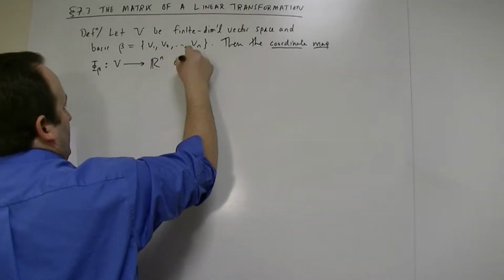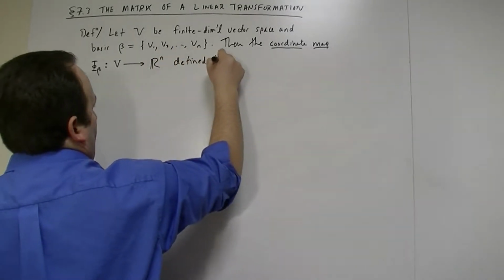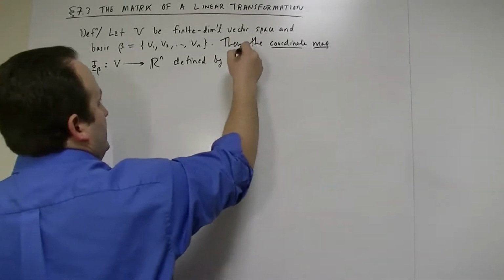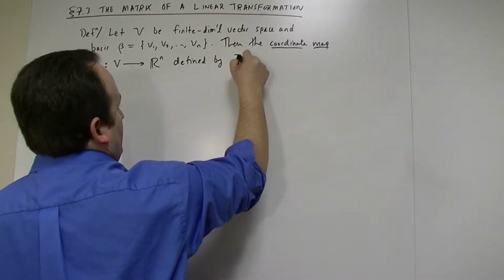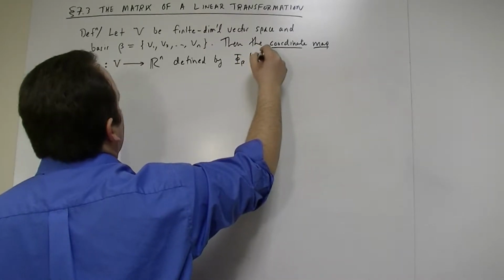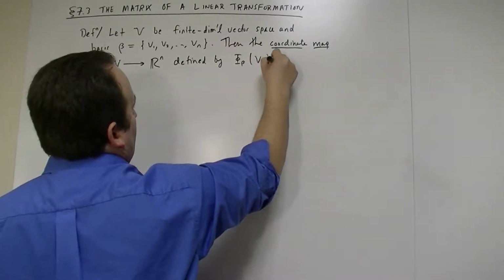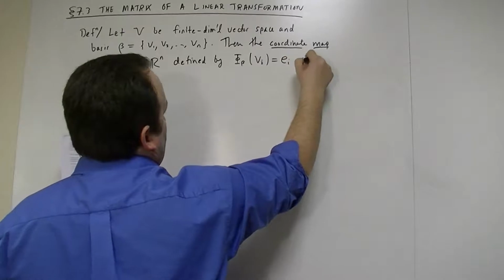And it's defined by, well, I could just say it's defined by saying phi beta of vi equals ei, extended linearly.